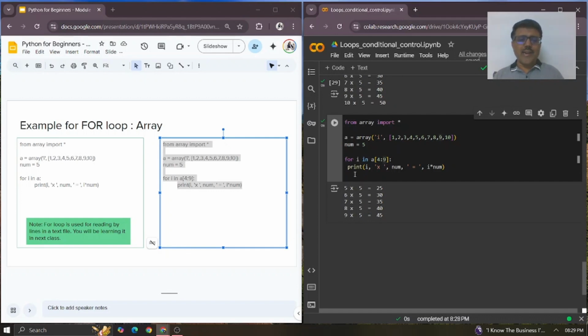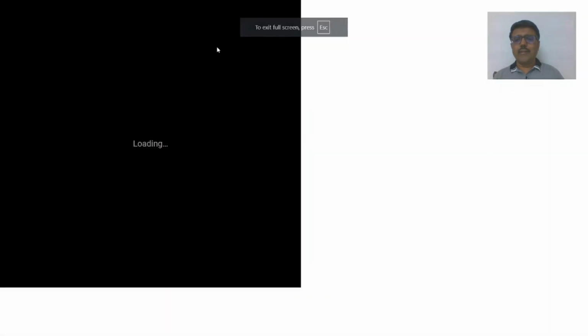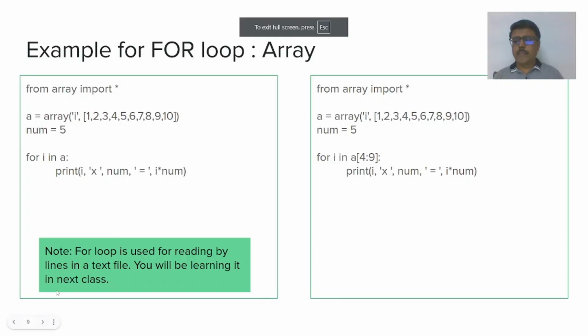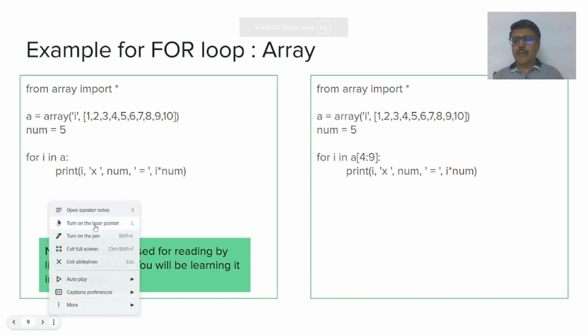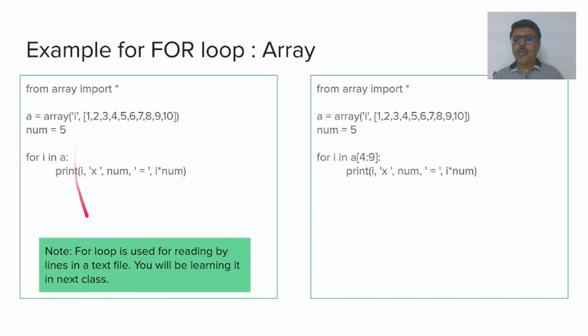And once you understand this concept, here you can see the note is given. So for loop, you can also use for reading lines in a text file. We'll be learning that when we are learning about file handling, at that time we'll understand that, okay?